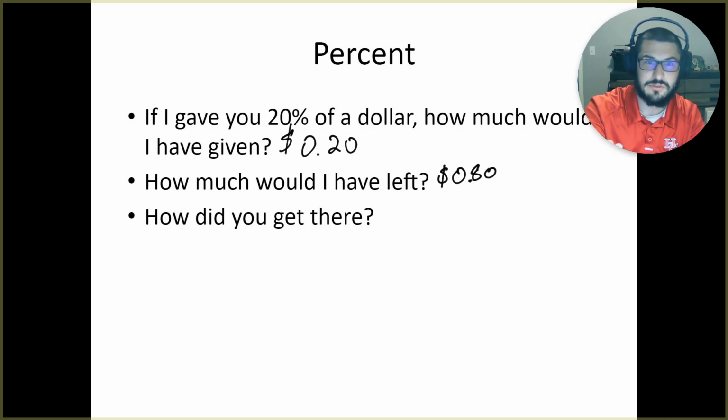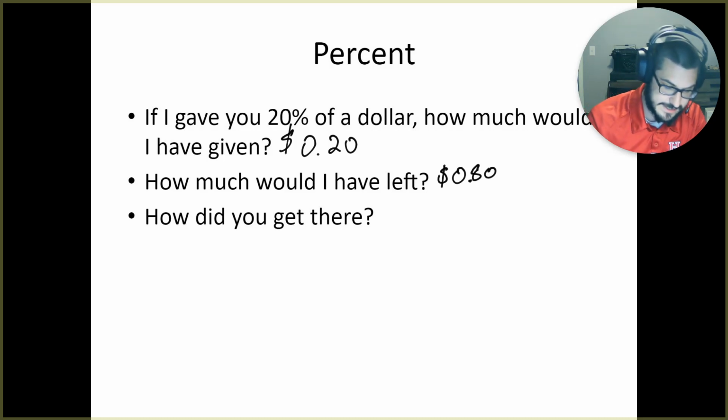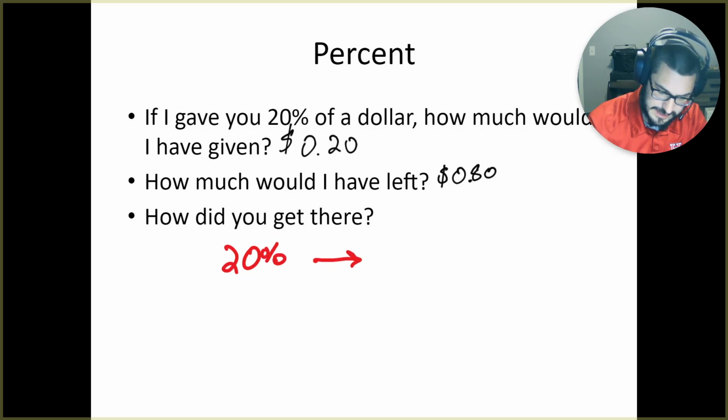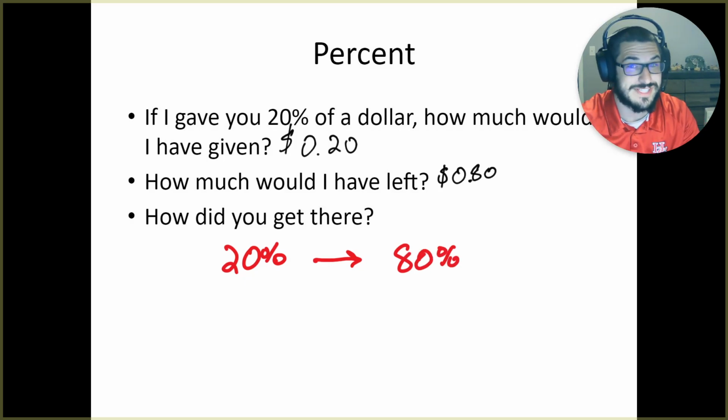You gave up 20 cents, 20% of the dollar, and have 80 cents left. Another way that you can think of that, how do you get there? You could have said, okay, well, if I gave up 20% of a dollar, then that means that I have 80% left, because percents are always out of 100. And then 80% of a dollar, what I have left is 80 cents.